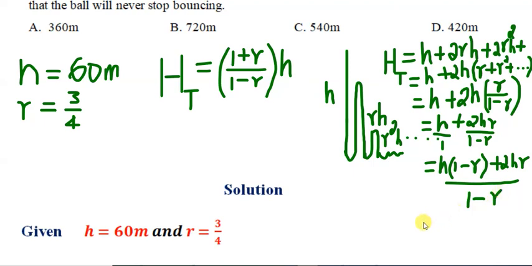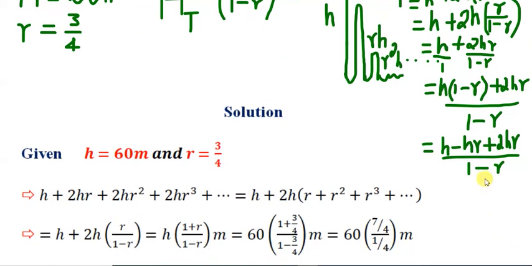And again multiply h by 1, it becomes h. Multiply h by minus r, we have minus hr, and here we have also plus 2hr, over the total here over 1 minus r.